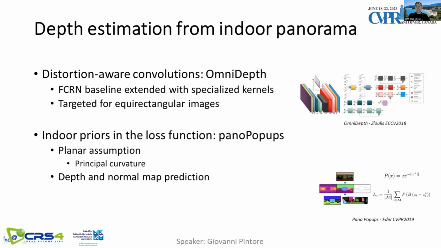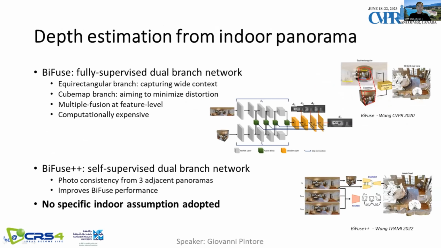In both cases, they work individually. One works only on the spherical distortion, the other one works on the indoor prior. But the main problem of such approaches is that the performance is limited and there is a increasing computational complexity.